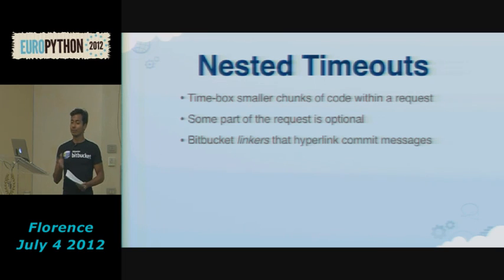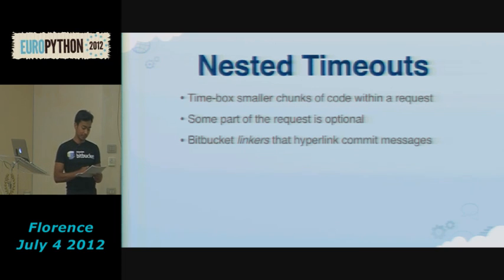You can kind of live without it as long as that request finishes and completes its task. But it could be that optional added bonus is compute intensive and would make your entire request slow. So we can time box that thing that may or may not be important and let the entire request only take a short time.